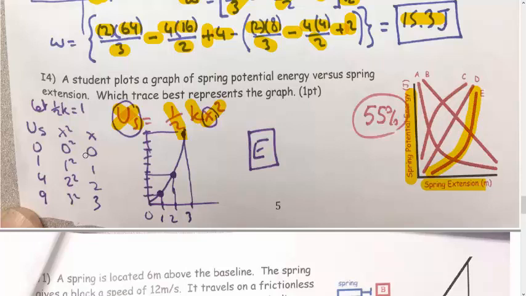But let's say you didn't spot it. Then you'd say, okay, let this half k equal 1. Just get rid of it. It's just 1. Put down values of spring extension: 0, 1, 2, 3. It's 1 times 0 squared, and 1 times 1 squared, and 1 times 2 squared, and 1 times 3 squared.